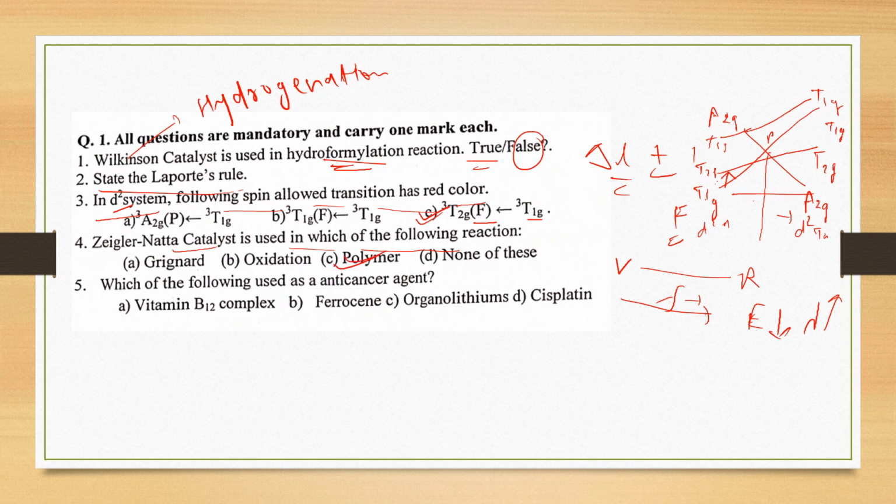Which of the following is used as anti-cancer agent? Ferrocene is also used as anti-cancer, compared with vitamin B12, organolithium and cisplatin.